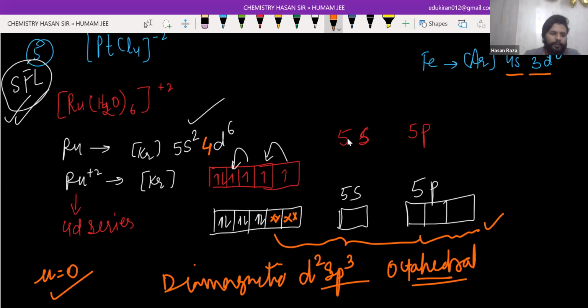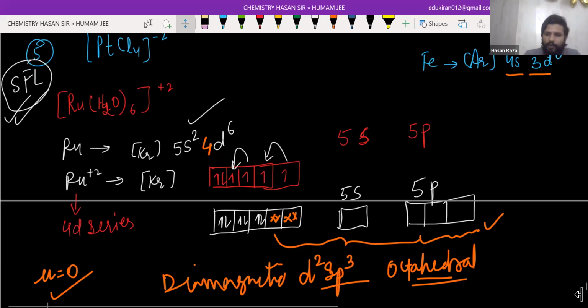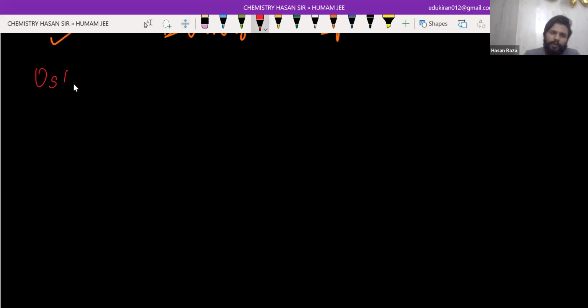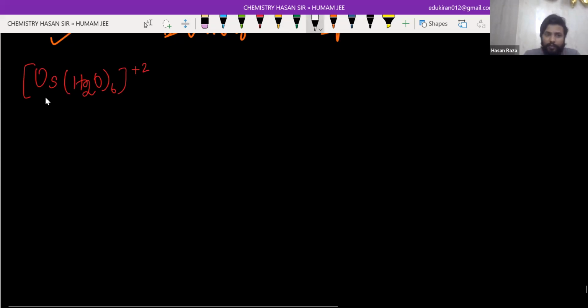Now you can see we have another one, that is your osmium. So if you're going for osmium, now can you do the osmium part, yes or no? Osmium H2O whole 6 raised to the power plus 2. Osmium is just below ruthenium, so osmium will have configuration, in the last shell.